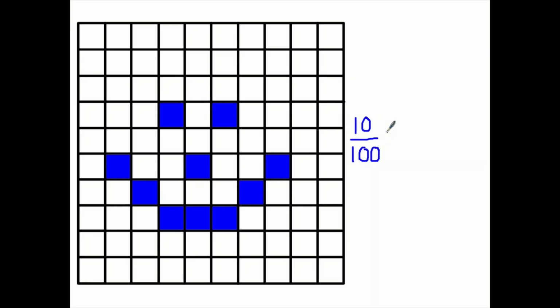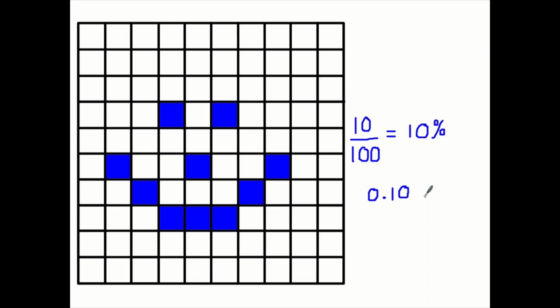And this is 10%. And it's also 10 hundredths, which you might remember you write as a decimal like this, 10 hundredths.